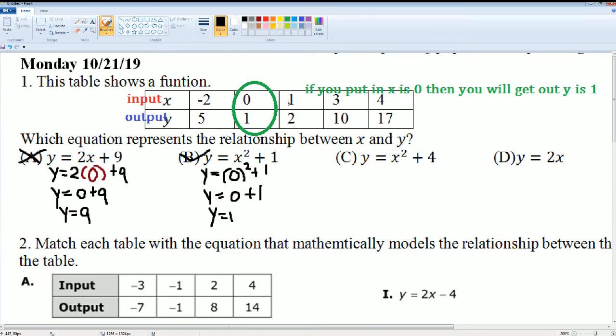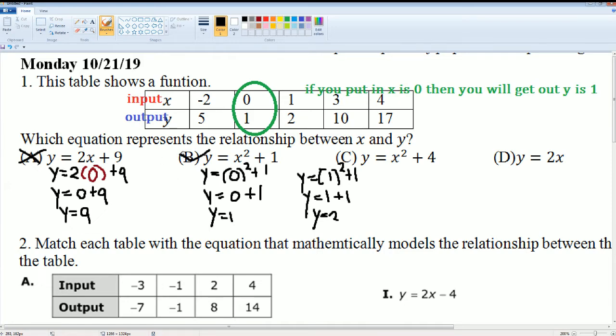Let's see if it works for 1. Y is equal, we plug in 1 here for x, so it becomes 1 squared plus 1. What is 1 squared? Just 1, plus 1. Y is equal to 2. Does that work? Yep, it also works for this one.